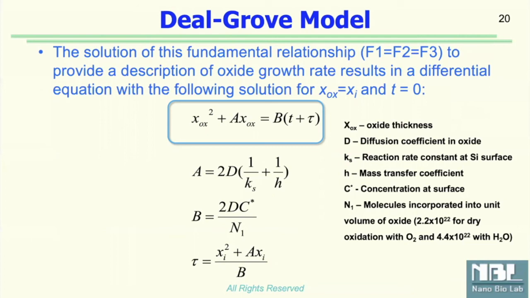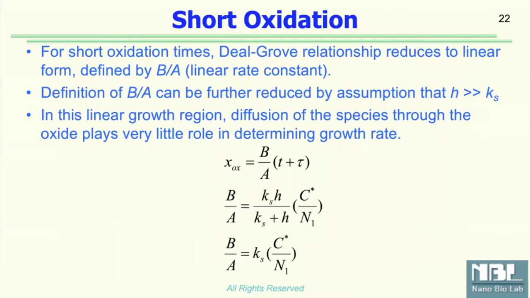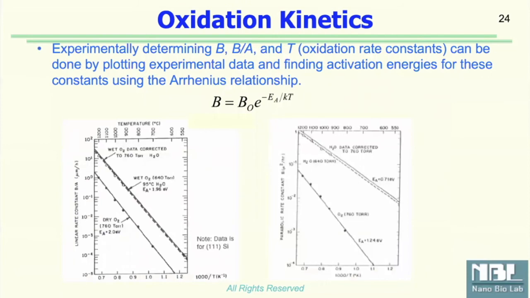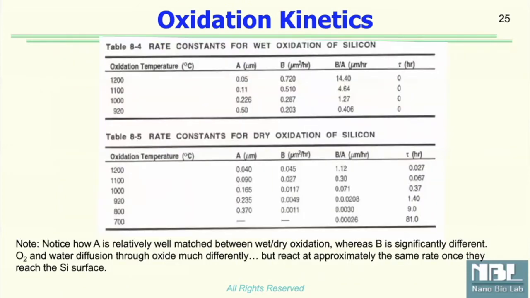So we can plug in B over A and B, and we can know exactly what the thickness of oxide would be for a given temperature and given time. So these are the fundamental ways of how we ascertain and plan our oxidation run to get a certain thickness in our chip.